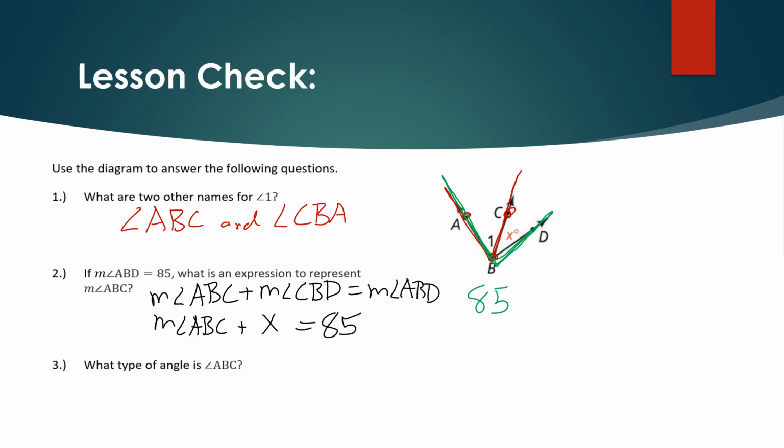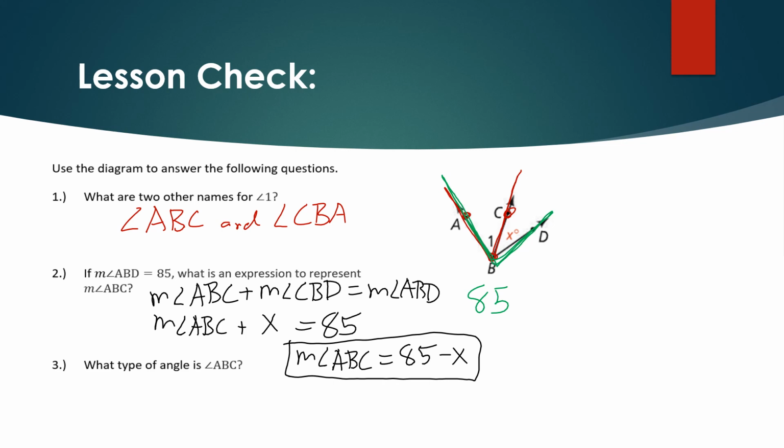To get ABC all by itself, I'm going to subtract x from both sides, getting 85 minus x. That way, if someone ever tells me what x is, I'll immediately know what the measure of ABC is.